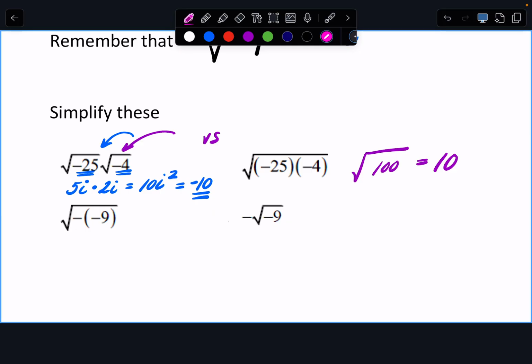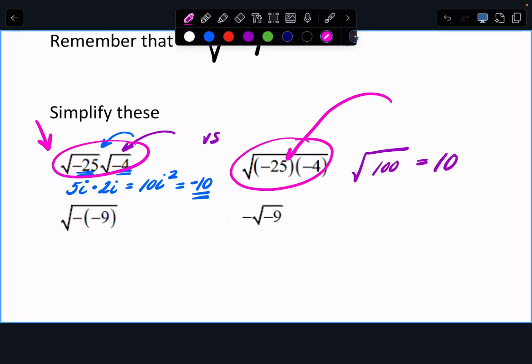This and this almost look exactly the same. So here is the rule. If you ever have a radical and it's split apart, you need to simplify the radical individually first before you multiply it together. Right here, they were already putting it in a multiplication problem together. And so notice our answers aren't the same depending on which way we do it. So it's just a general rule of thumb: if you have radicals that are split apart, you first need to simplify them before you multiply. Do you guys see what I'm saying?